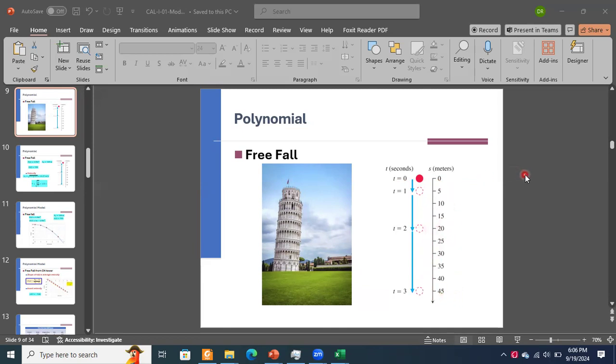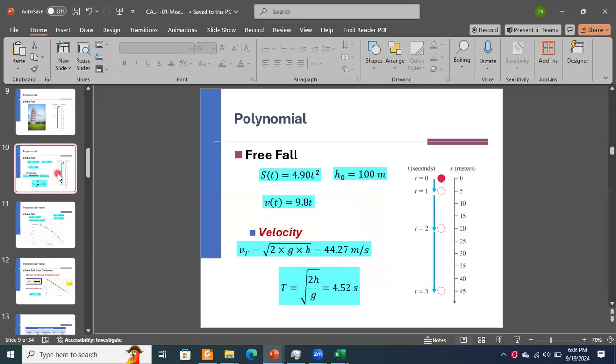This problem is simple. We can calculate the distance covered by the object at every time given. We have the analytical expression for that. It is half g t squared. And we can also compute the velocity at any time.